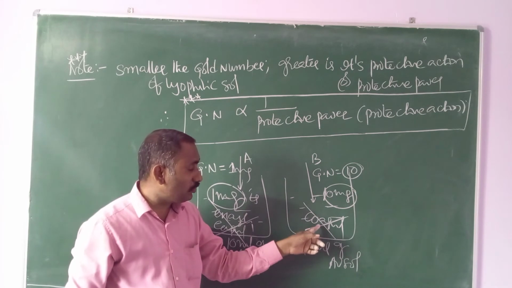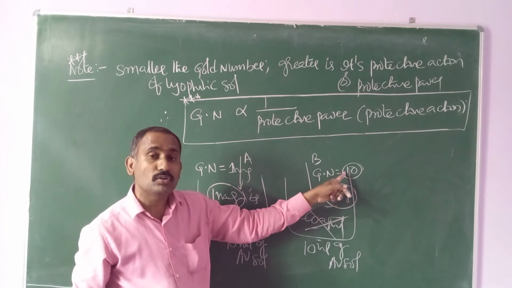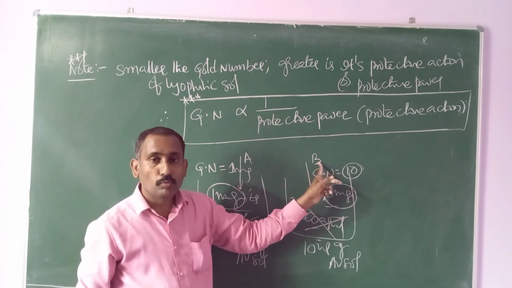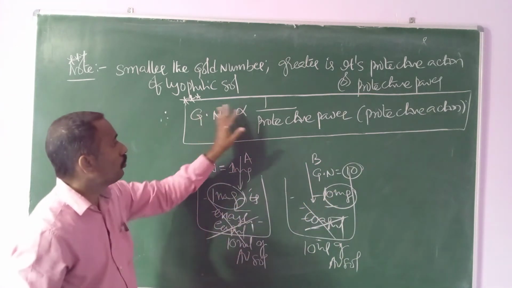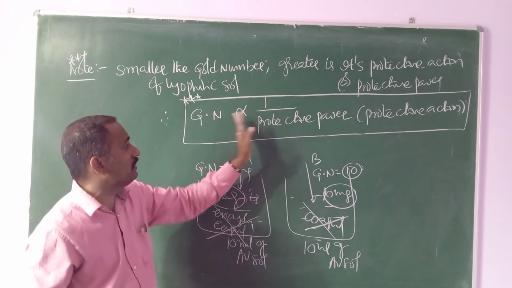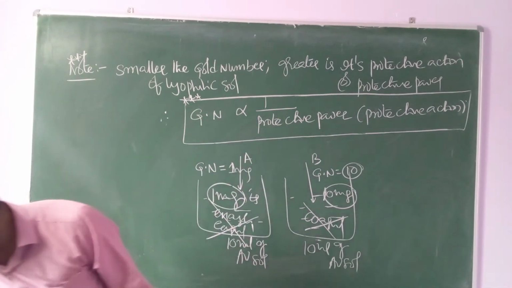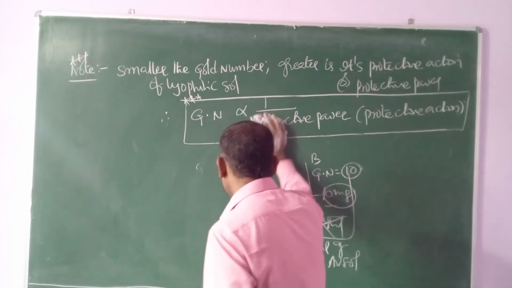To prevent coagulation here, we should add more amount of B, which means the power is less. Therefore, how are gold number and protecting power related? Inversely. This relation you should remember, very important.